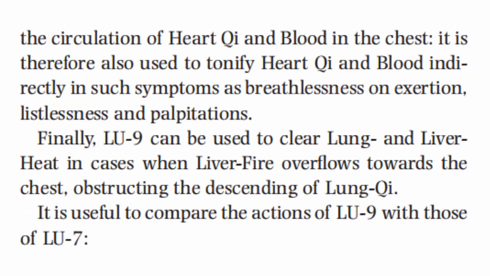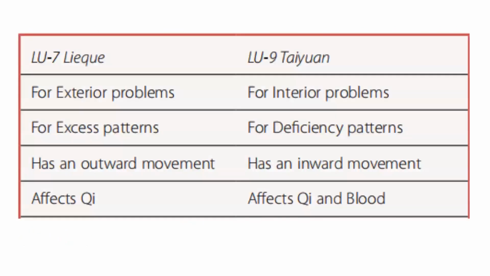It is useful to compare the actions of Lung 9 with those of Lung 7. So Lung 7 is used for exterior problems, excess patterns, and has an outward movement, and it affects qi. While Lung 9 is mostly for interior problems, for deficiency patterns, has an inward movement, and affects qi and blood.